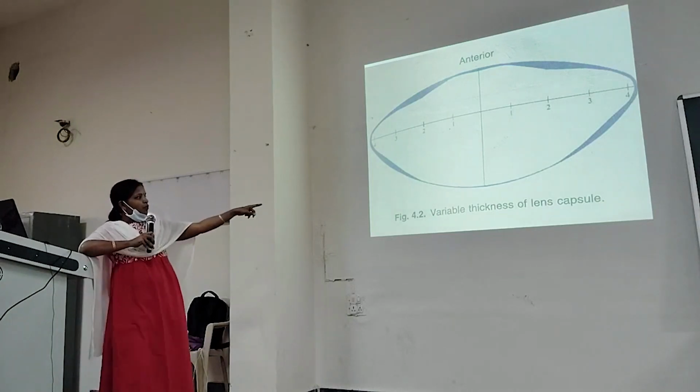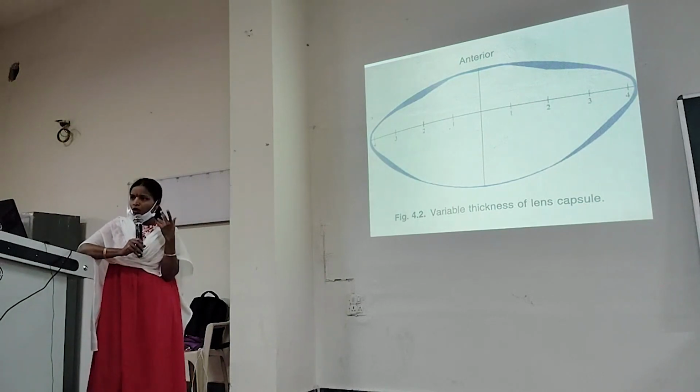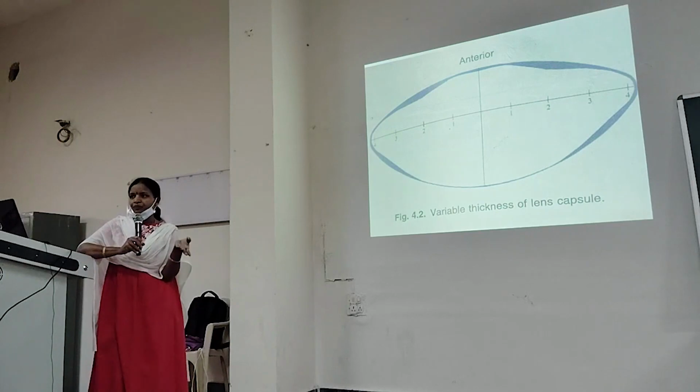As the lens capsule is very thin posteriorly, it can be easily breached, okay? Any blunt trauma to the eye, any blow with a fist, any injury with a ball, or something, blunt trauma, injury to the eye, the posterior pole is the first part to get injured, as it is the thinnest portion, okay?